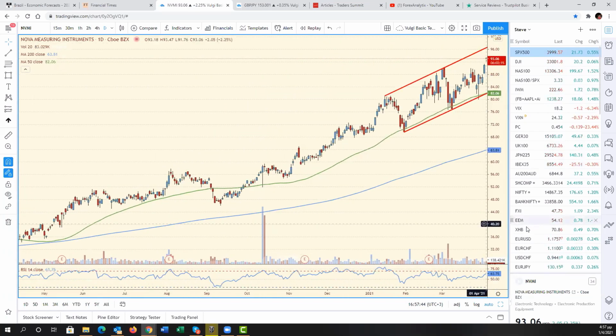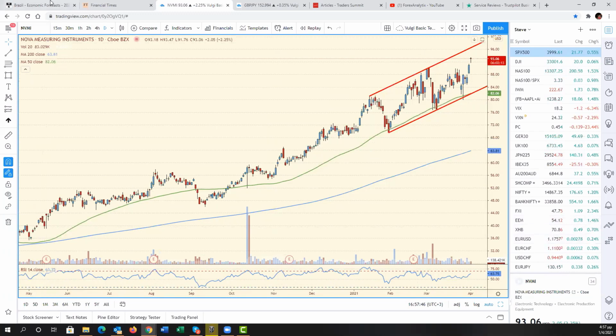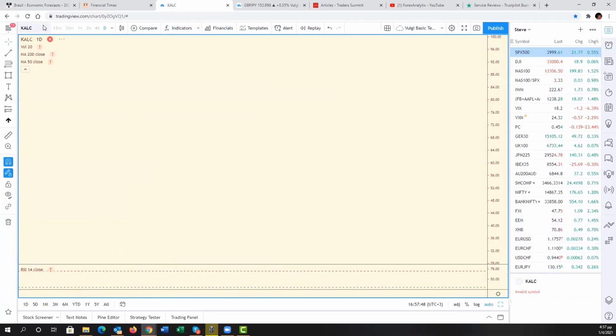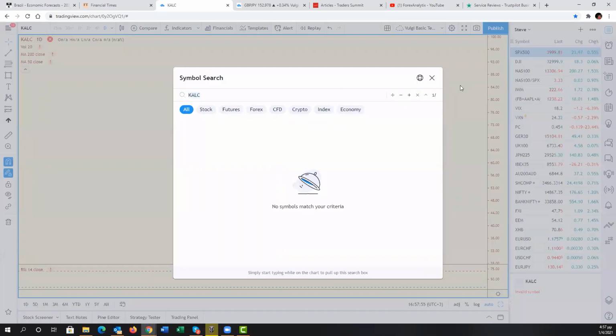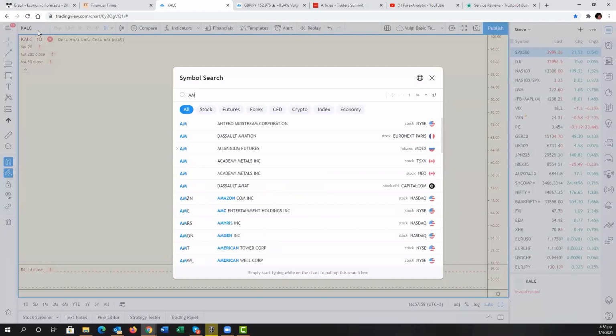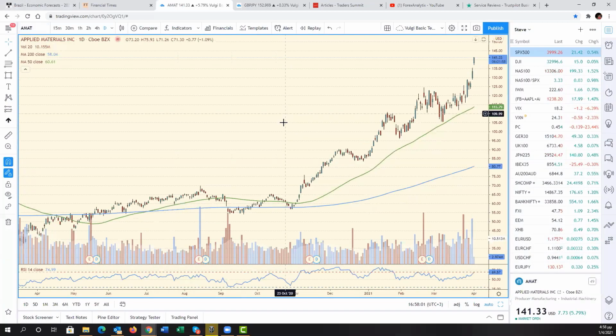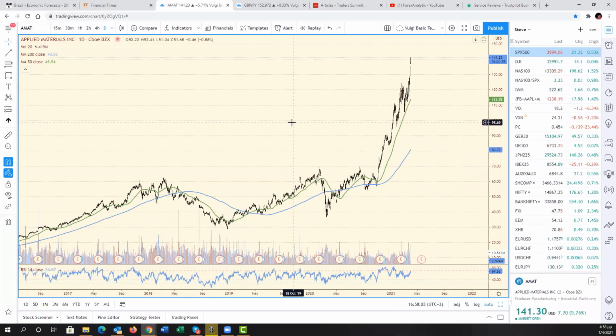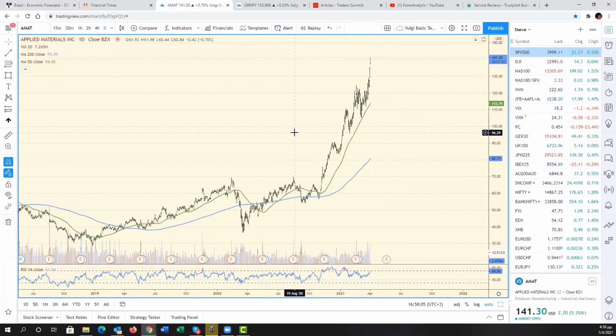I know momentum stocks, but are you sure about the ticker? Because I don't find it. KALC. I don't see it, at least here in TradingView. Applied Materials. Okay.